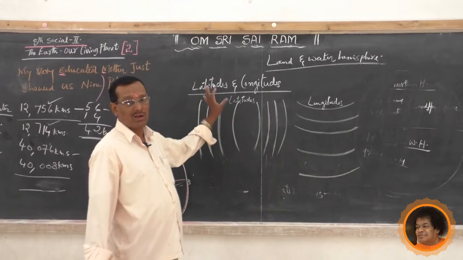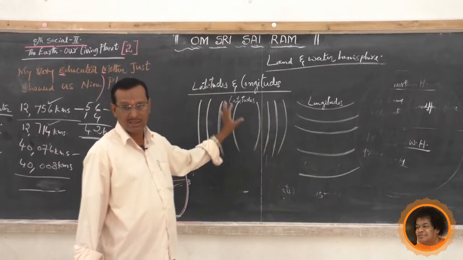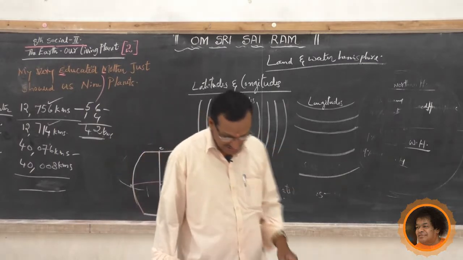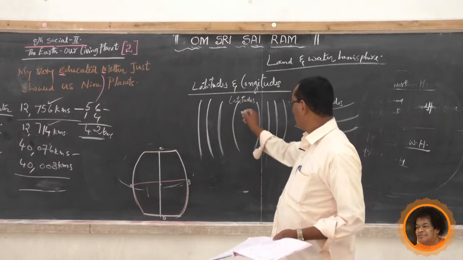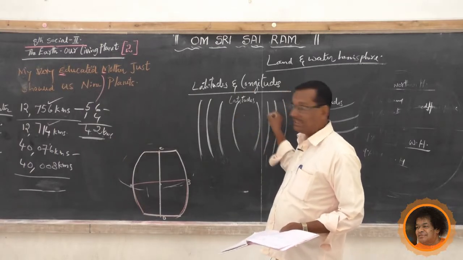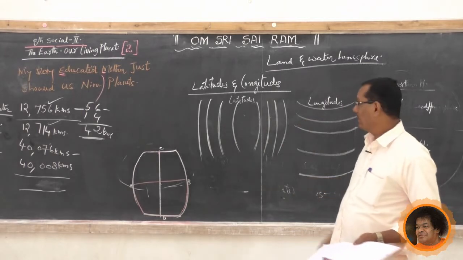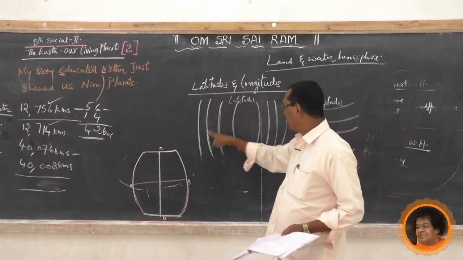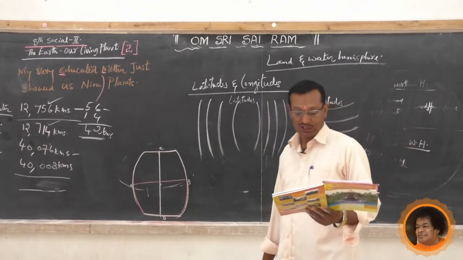To know a particular place, direction, distance and position. These imaginary lines are very important. These are called lines of latitudes and these are called lines of longitudes.